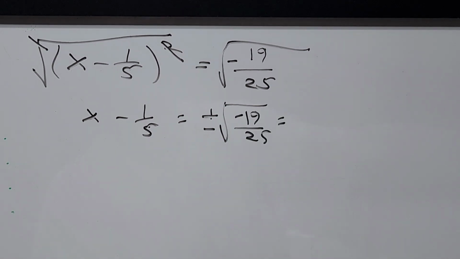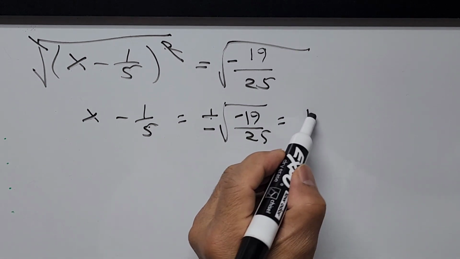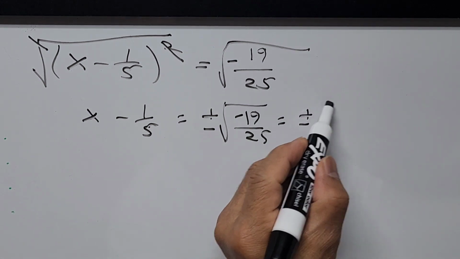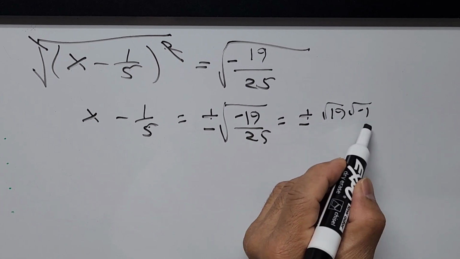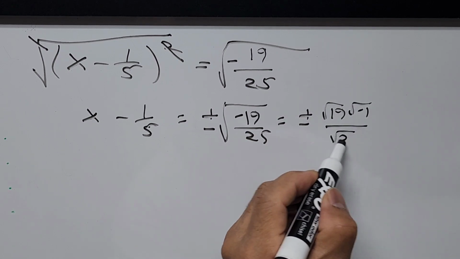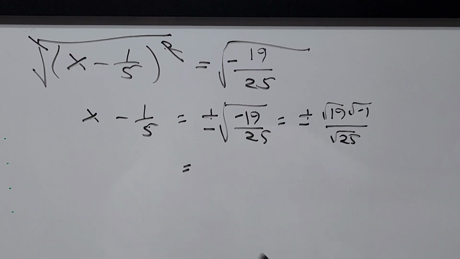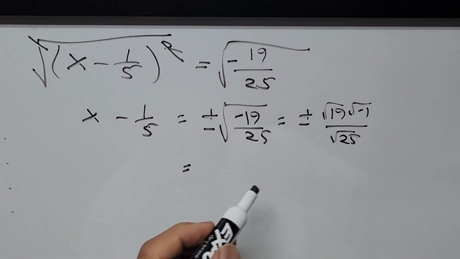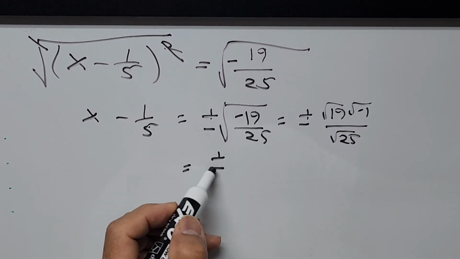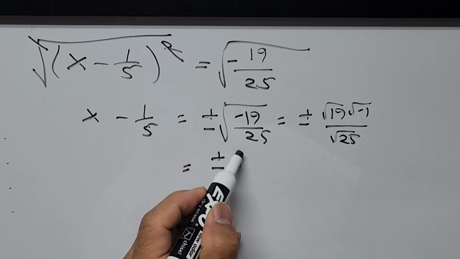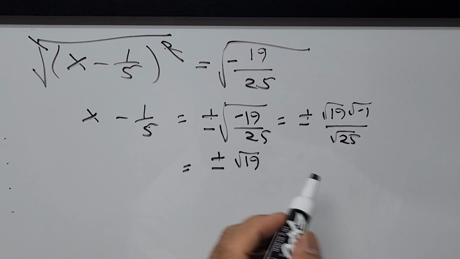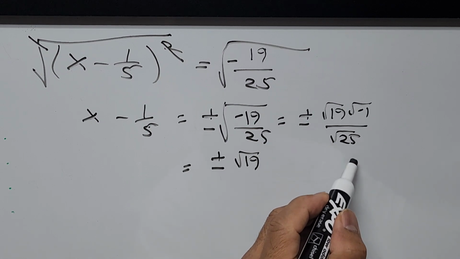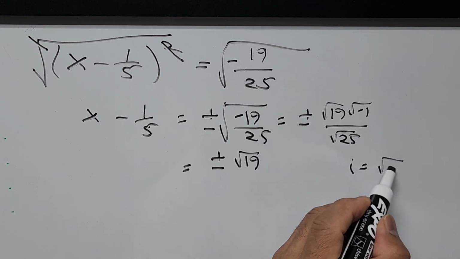And this can be written the same way as plus or minus the square root of 19 times the square root of negative 1 divided by the square root of 25. So this is further simplified as plus or minus the square root of 19, and we have here i is equal to the square root of negative 1.